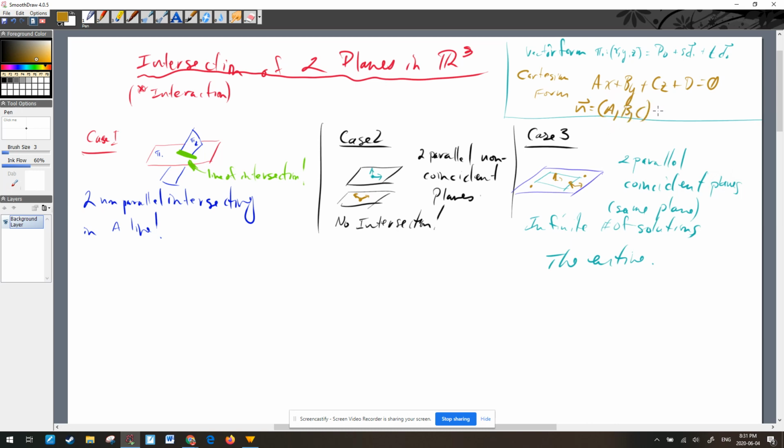Now, if we hold to our instruction that the normal vector needs a leading positive integer and lowest-terms integers for the rest, that would mean the normal vector for this one and the normal vector for this one are identical. If the normal vectors are identical, then they are parallel.